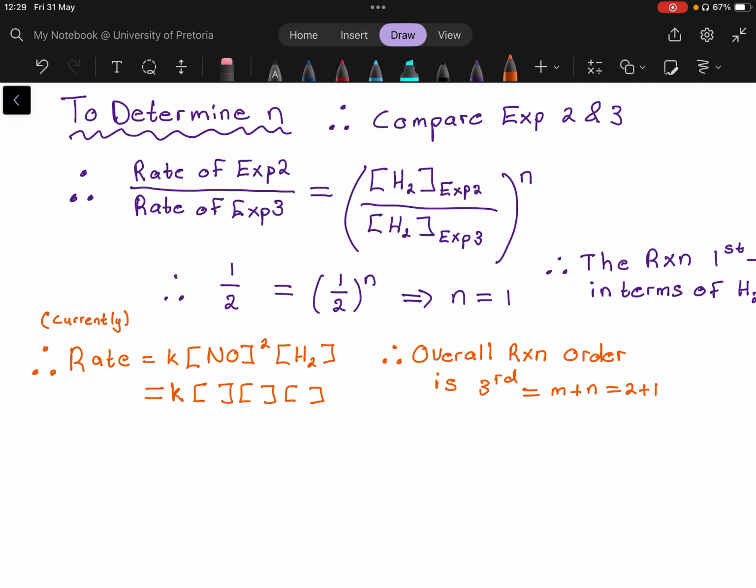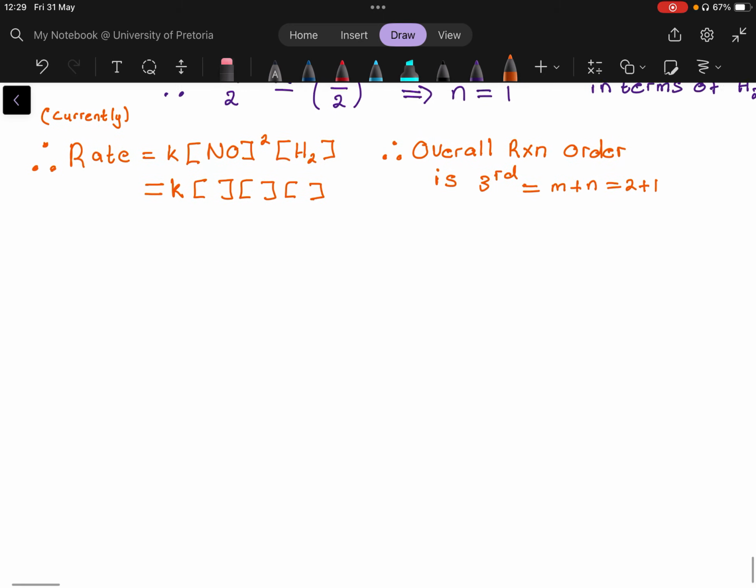Right, because the overall reaction rate is third order. Okay, you see how those different words just shift the idea. But okay, anyway.